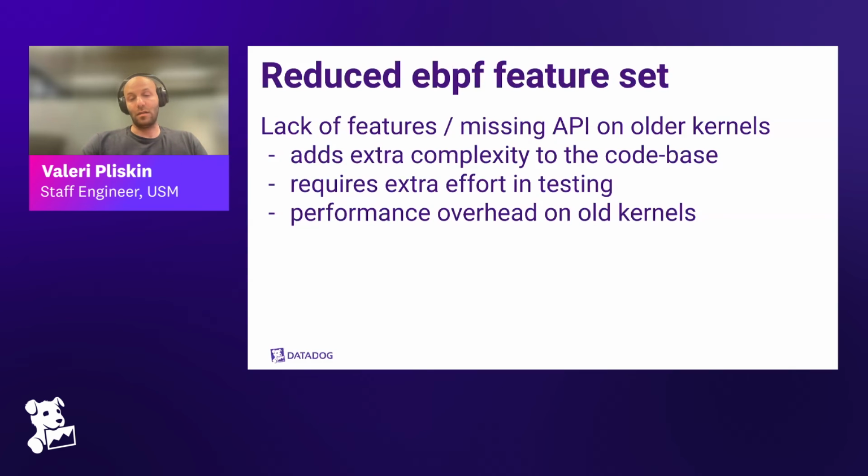It's a data structure that allows us to share data between kernel and user space. In kernel 5.8, a new data structure called ring buffer was introduced with a significant improvement in performance. But before that, this feature didn't exist. So we are utilizing this feature when we are able to, but we also need to support the perf buffer implementation.